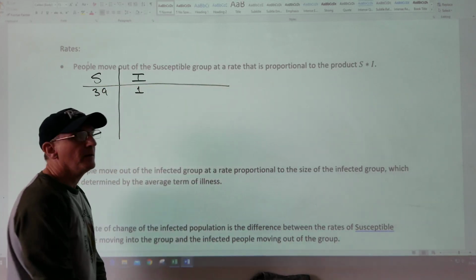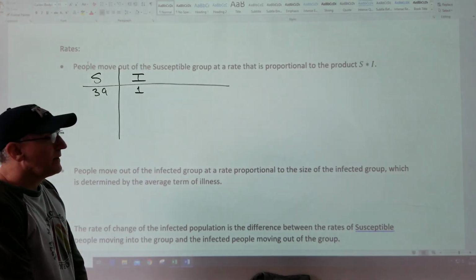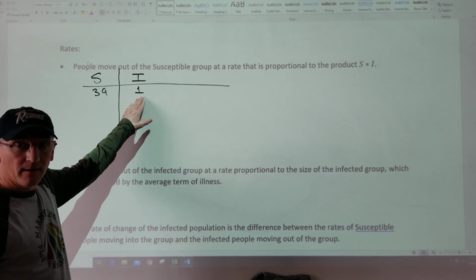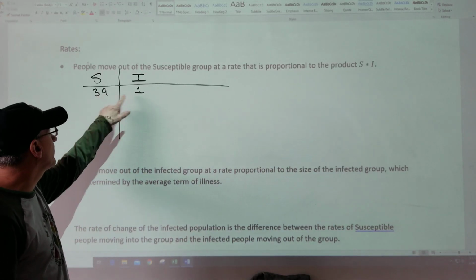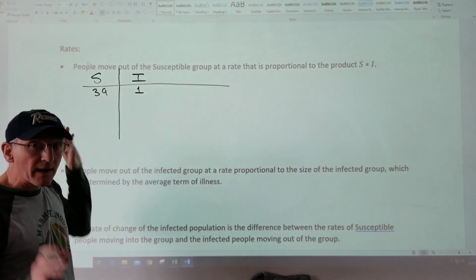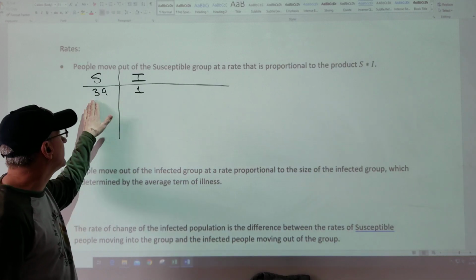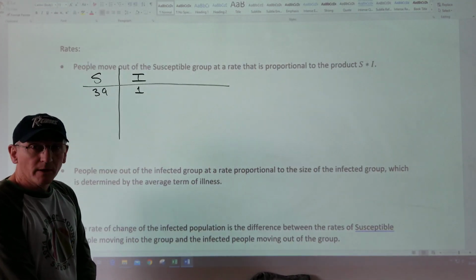What does that mean? The maximum number of possible infections today is 39, because this one person can infect any one of these 39 people. That's a maximum number. And this statement says that some percentage of that maximum number of possible infections is going to occur today.